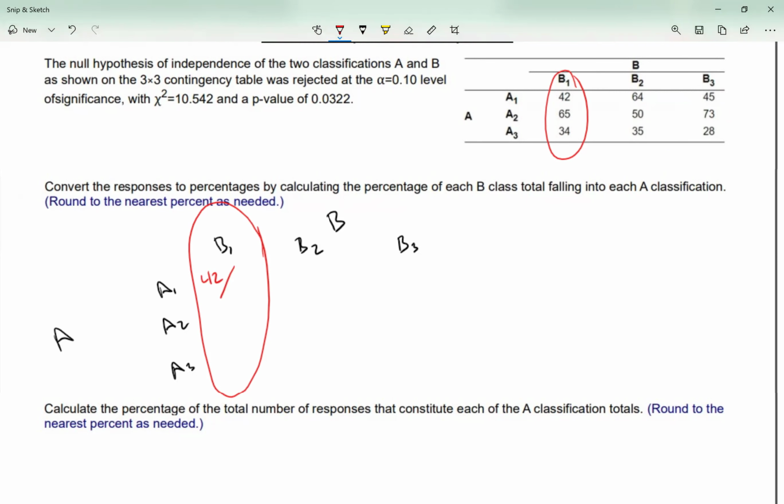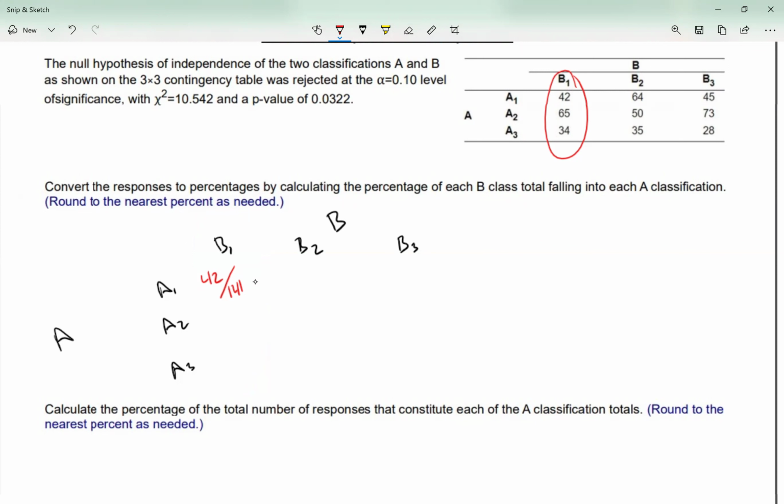I know earlier I added them all and I found out that it was 141 altogether. My whole column was 141. Now 42 divided by 141, use a calculator if necessary.